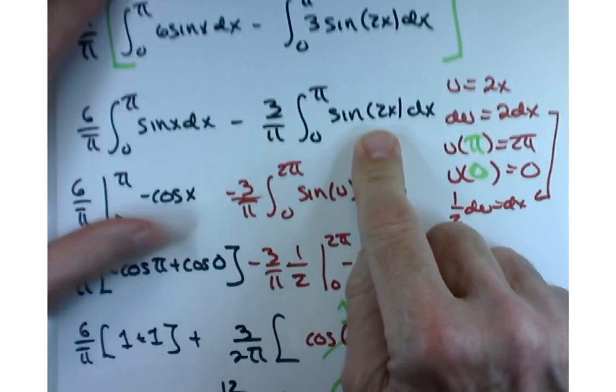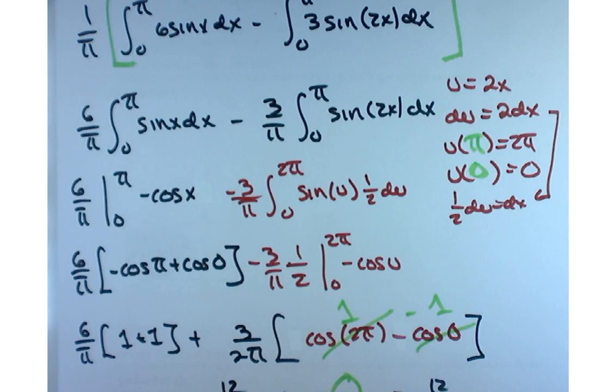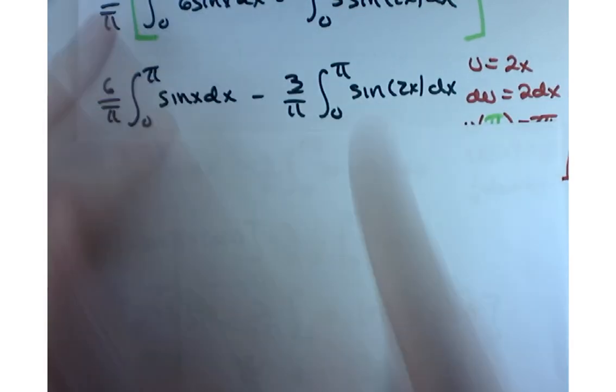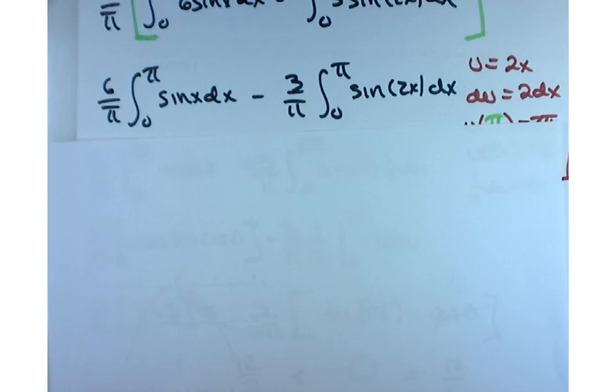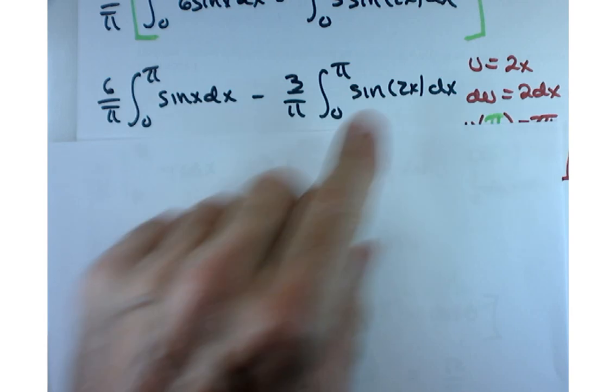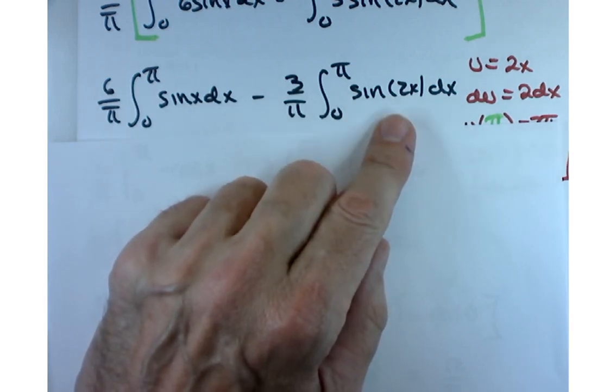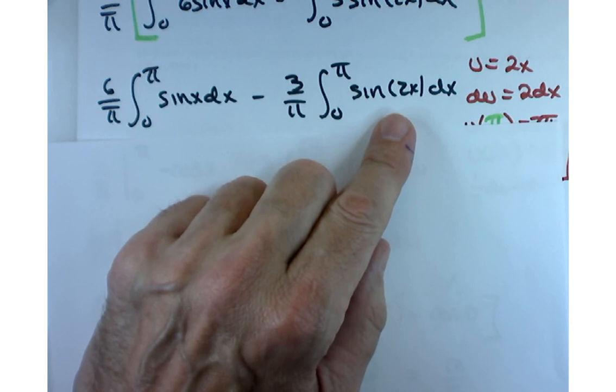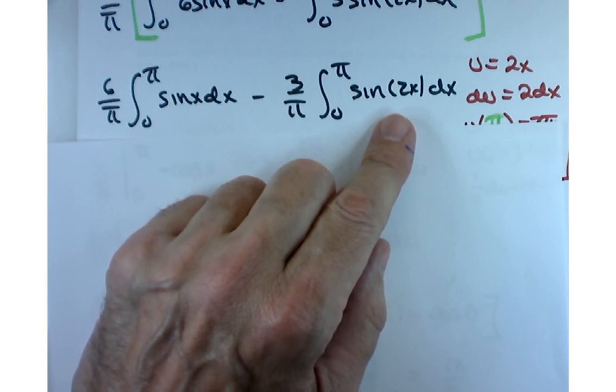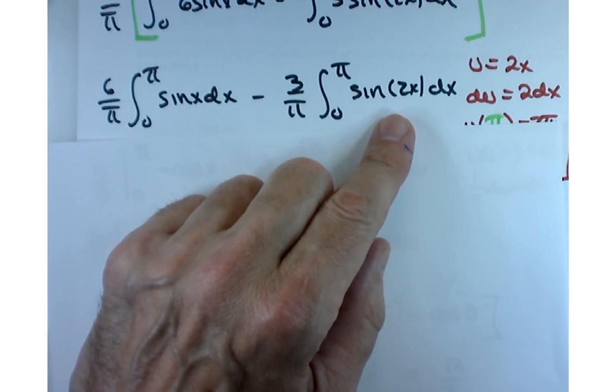Now, here's what I do for myself, especially in Calc 2, because in Calc 2, you kind of have to get through a lot of this stuff a lot faster. You're not going to be spending all that time on this. So let's think about differentiating sine of 2x. If you differentiate sine of 2x, then you're going to have to use the chain rule.